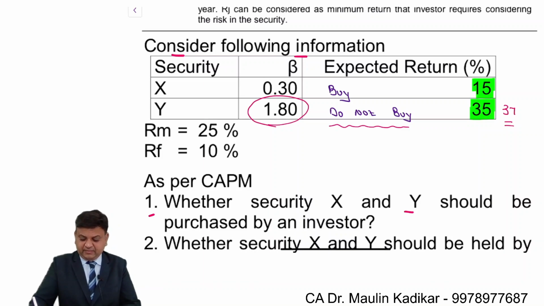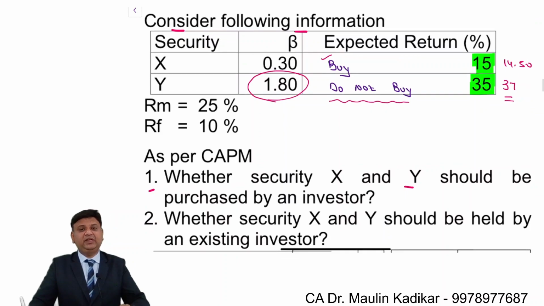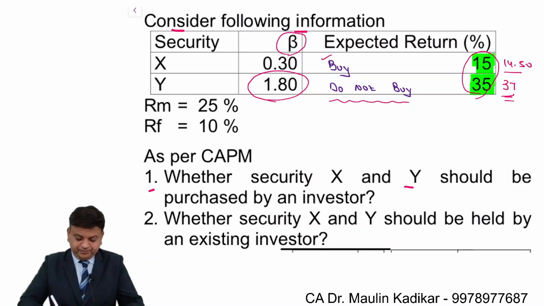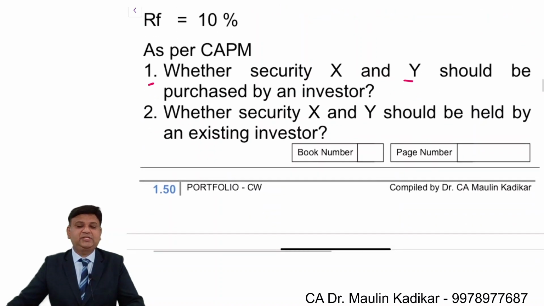And over here we should be able to get a return of 14.5, and that is why we decided we should buy the security. So CAPM gives a very logical explanation: we should measure the risk of the security, and based on that, what return we should get and what return we are likely to get. Only if we are likely to get a return more than the required rate of return should we buy the security, not otherwise. This is what we understand.